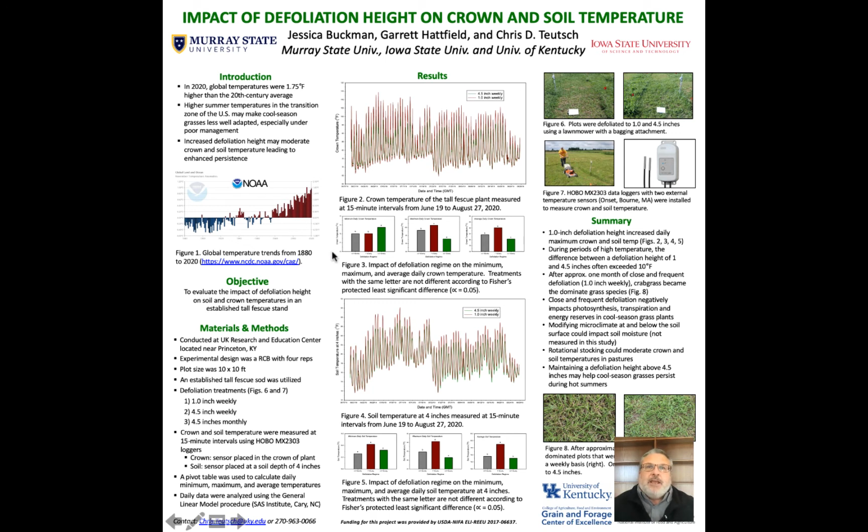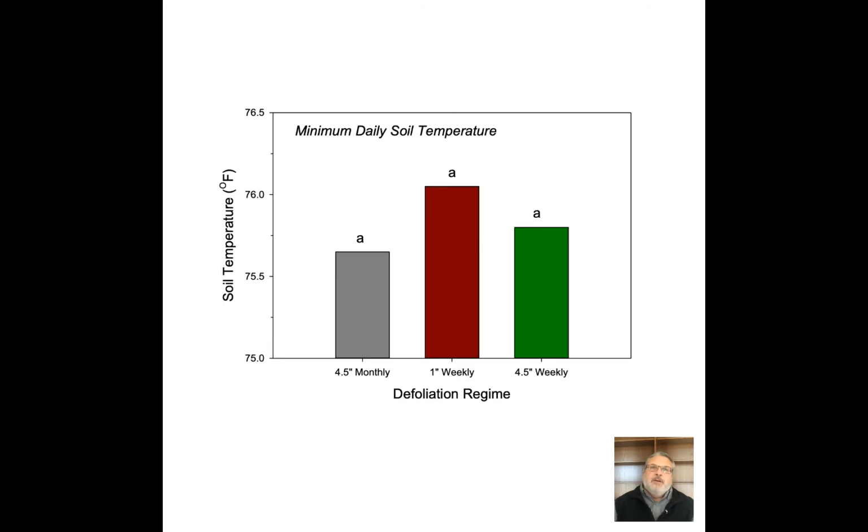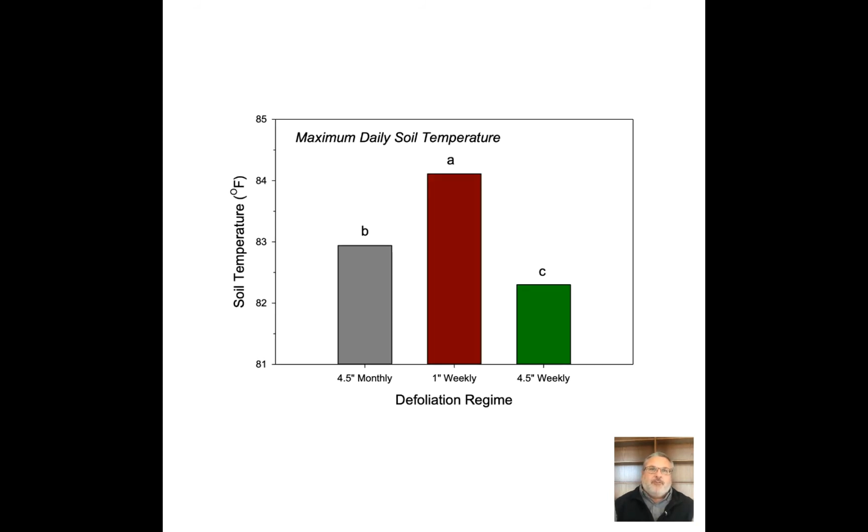So let's now take a look at the impact on soil temperature. It's the same general trend as we observed for the crown, except it's more moderated because that sensor was located 4 inches below the soil surface. Again, we see that same general trend here, although it was not significant for minimum daily soil temperature.